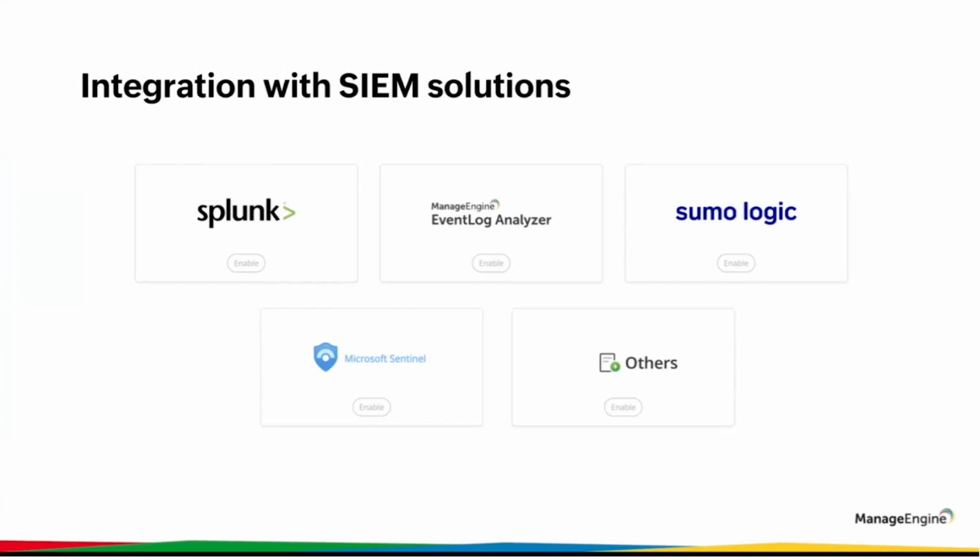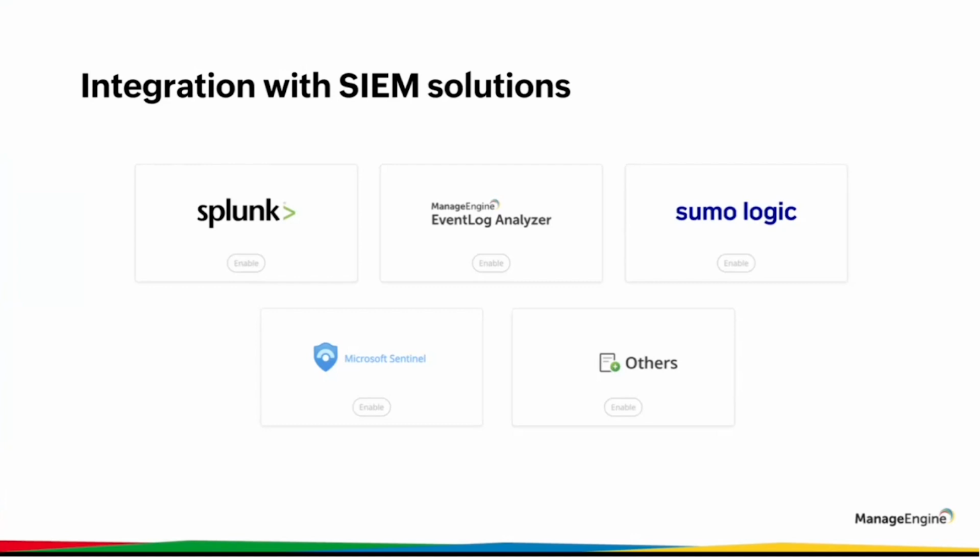So you can use these links to integrate PAM360 with these solutions. What this does is it helps you send all the logs aggregated in PAM360 to these SIEM solutions, so as to get a holistic picture of all the logs in your enterprise from one place, which will be your SIEM solution. Plugging in this data, which is very crucial with respect to identity and access regulations as well, will give you finer insights into all the critical information happening at your enterprise.